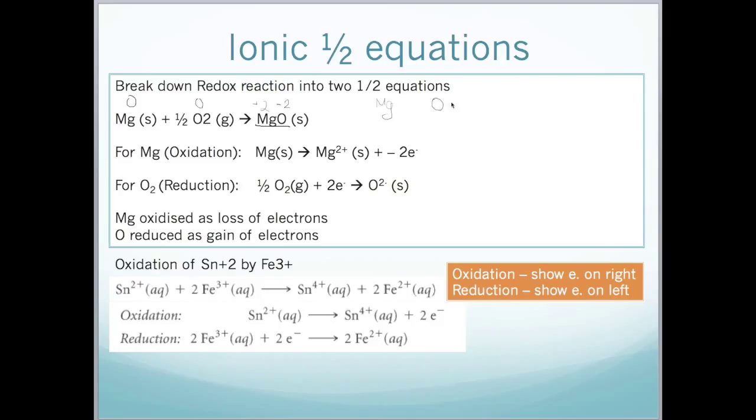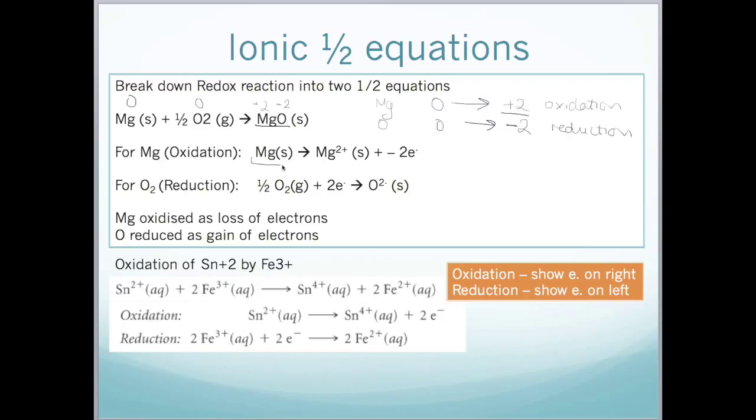Magnesium has gone from 0 to +2, and oxygen has gone from 0 to -2. In magnesium there is an increase in the oxidation number, therefore we have oxidation, and in oxygen it has gone down, so we have reduction.